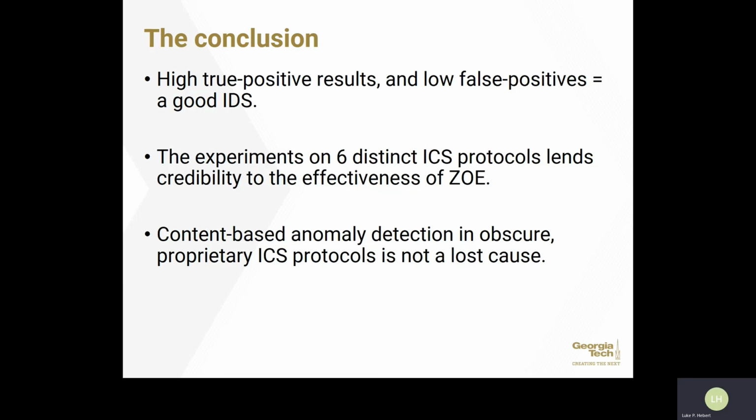So in conclusion, a high true positive rate and low false positives, that's a good IDS. And ZOE, at least in this experiment, performed in such a manner. I'd be interested to see how it performs in the future on live networks and with an expanded set of protocols. And on that note, the experiments on the six distinct protocols lend credibility to the effectiveness of ZOE.